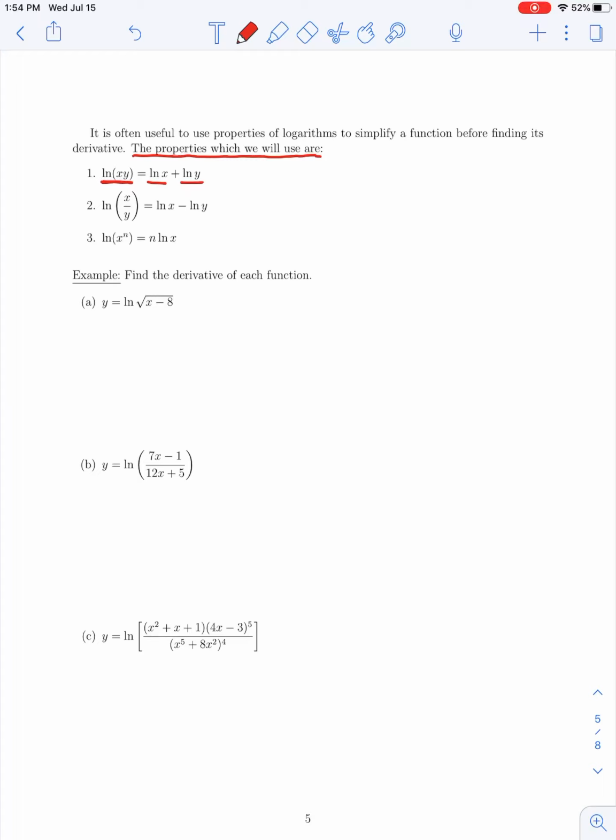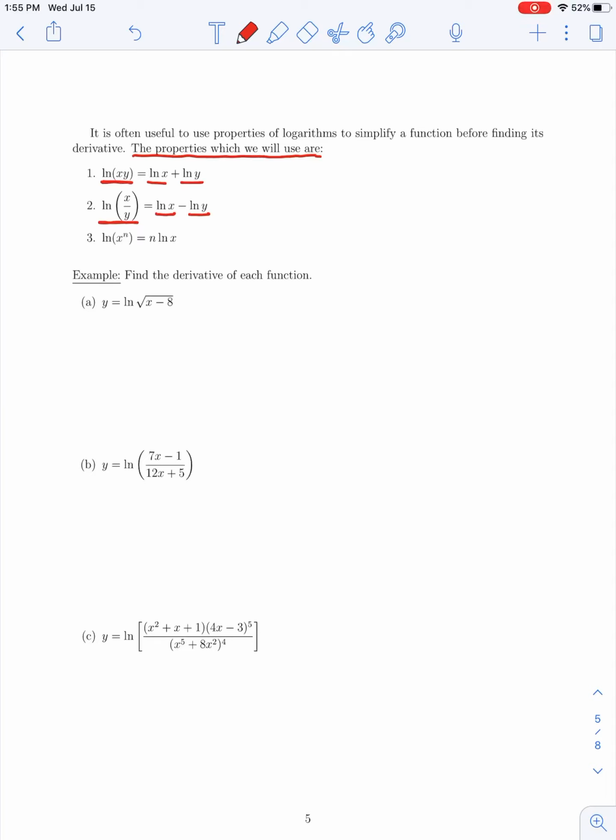Similarly, in part 2, if we have the natural log of a quotient, say x divided by y, that's the same as the difference, natural log of x minus natural log of y. So logarithms turn division into subtraction.